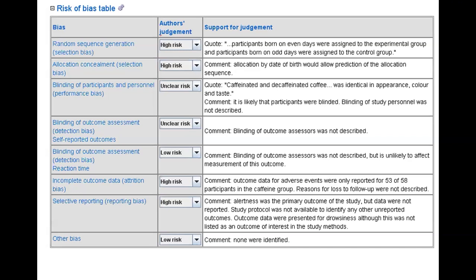A quote means the line is directly copied from the study, and on the basis of that line you have assessed that article as high risk of bias. In allocation concealment there is a comment, meaning you have commented on the reason why you are putting it into high risk. For every judgment you have to define why you have placed that study in the specific category. If you write a quote, you write it in between quotation marks. Okay, next slide.